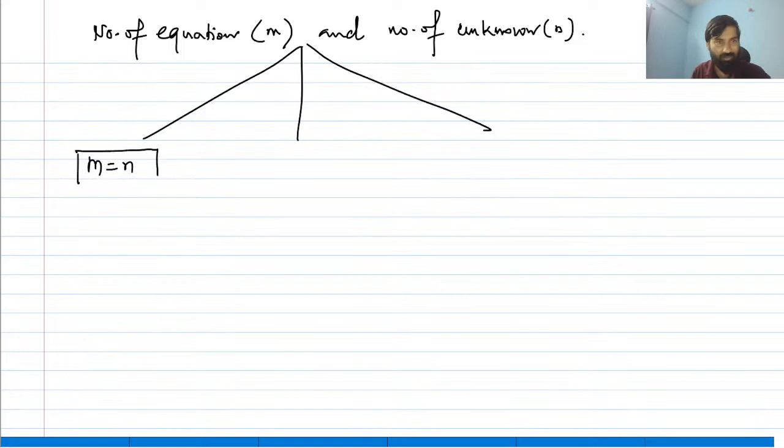When the number of equations equals the number of unknowns, this system is known as a balanced system. Understand? This is balanced. So what are the possibilities of the solutions? We can have two possibilities. One is consistent, one is inconsistent.